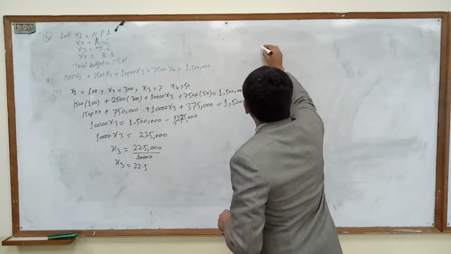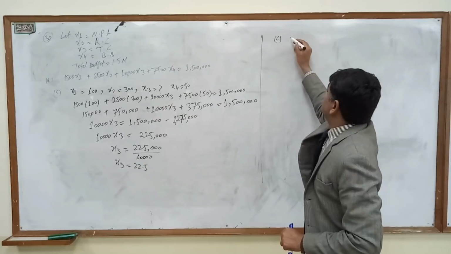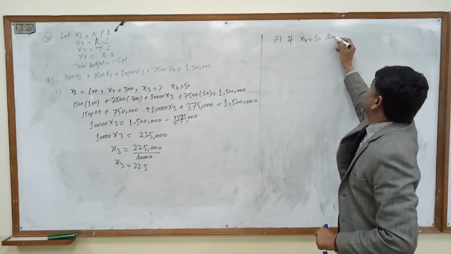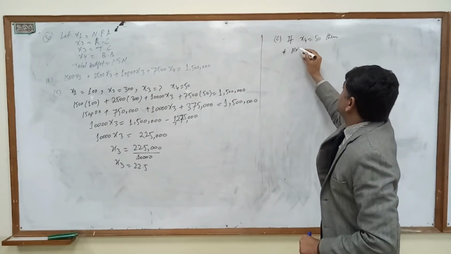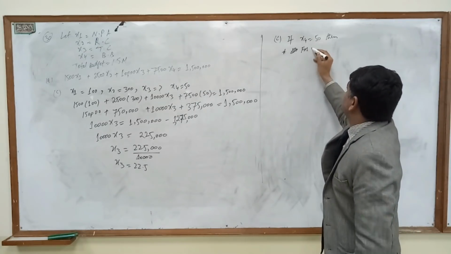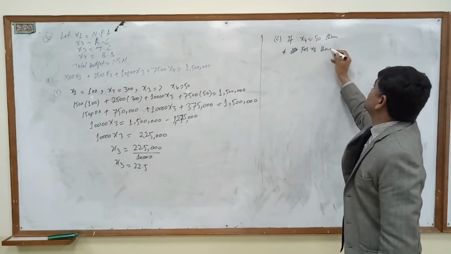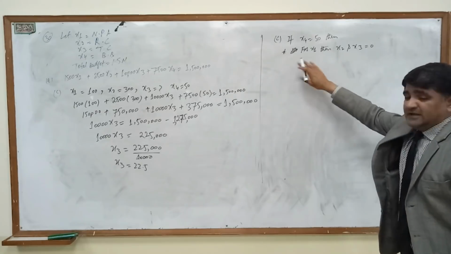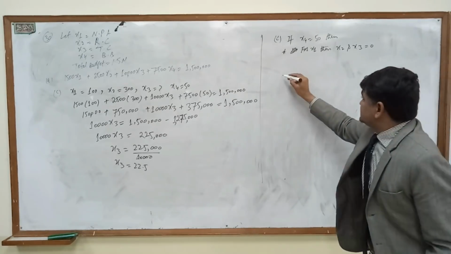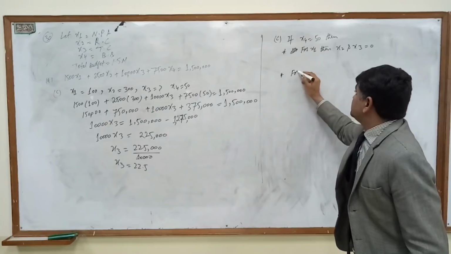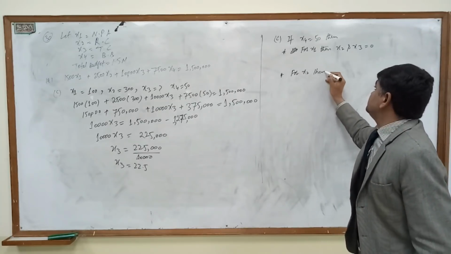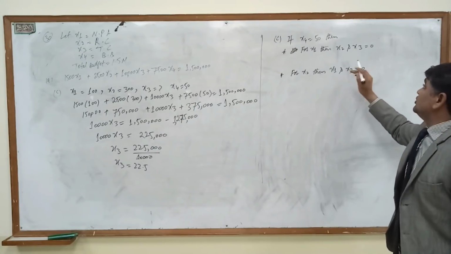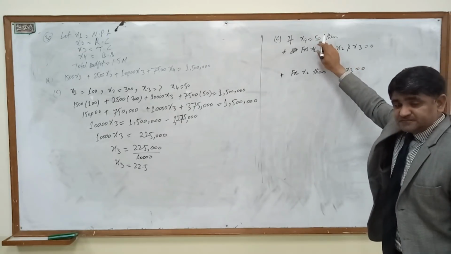So part C: if X4 is 50, then for the maximum of X1, X2 and X3 are equal to 0, and you can solve by yourself. The next case is for X2, then X1 and X3 are equal to 0, and the X4 value is fixed.